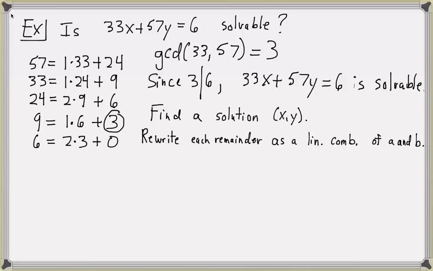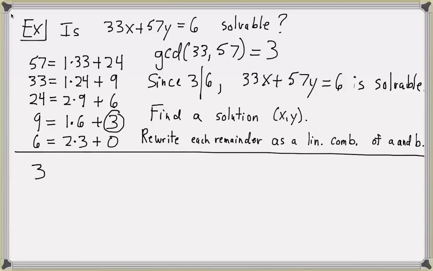So let's start with the remainder of 3, the next to last equation from above. So we had 9 equals 1 times 6 plus 3. So I can write 3 as 9 minus 1 times 6 from the next to last equation.